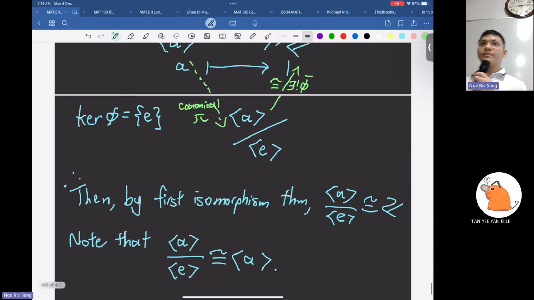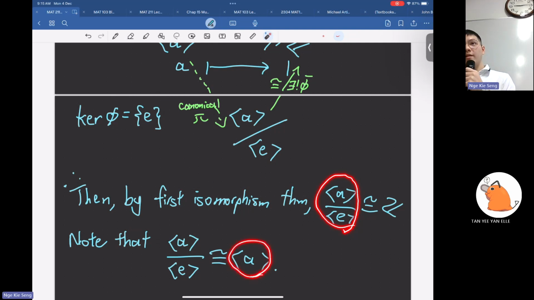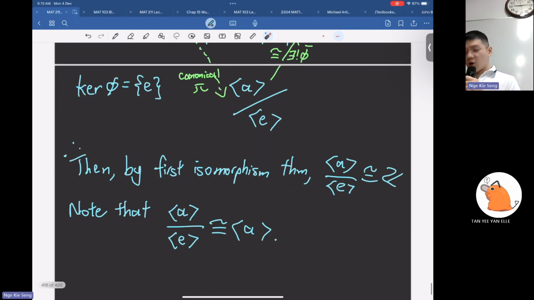Any question? Yep. Which quotient group? This? No. This is a free group generated by one element. So there are infinitely many words here. All the words, equivalence classes of words.